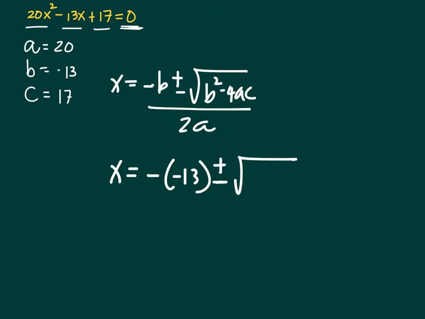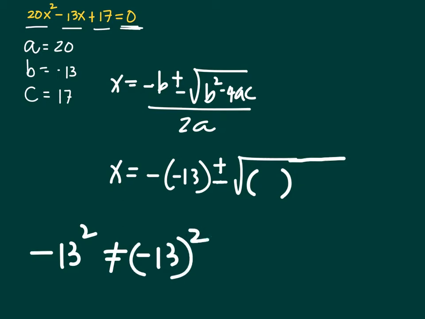I suggest that when you place the numbers for a, b, and c, you use parentheses, because it is crucial for negative numbers, especially if you will be doing this in a calculator. Negative 13 squared, written as negative 13 in parentheses squared, is not the same as negative 13 squared without parentheses: one is a positive number, the other is a negative number. If you plug them into the calculator, it will give you different values.